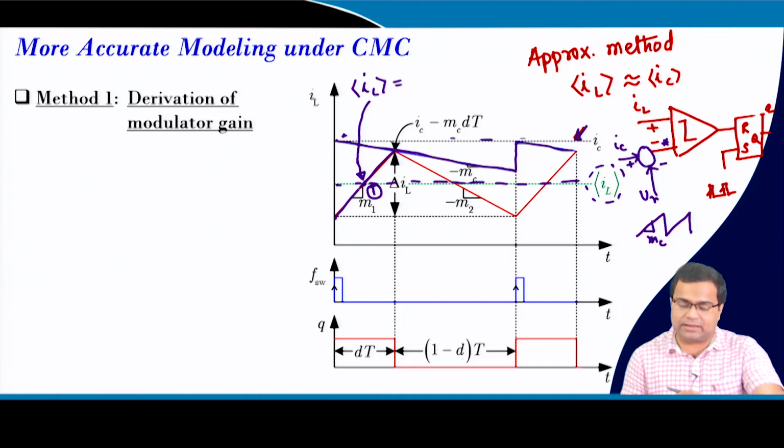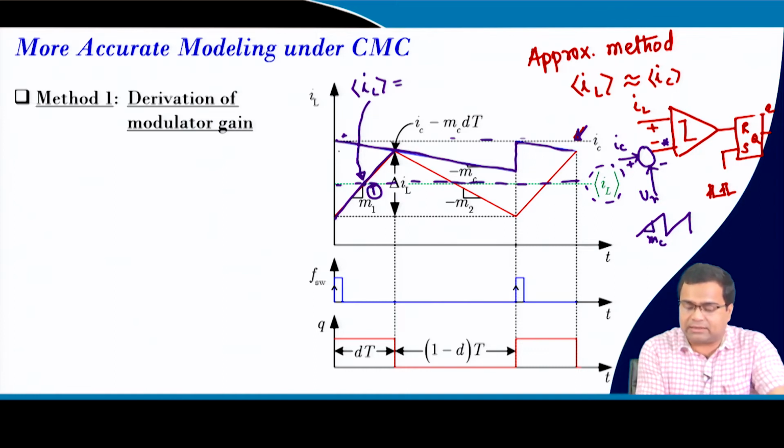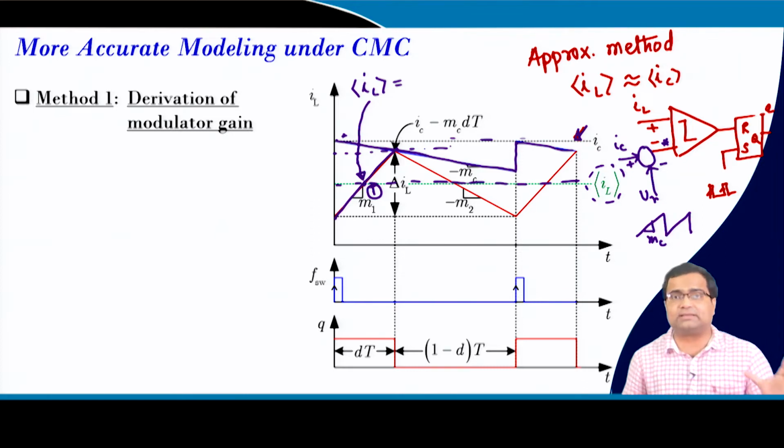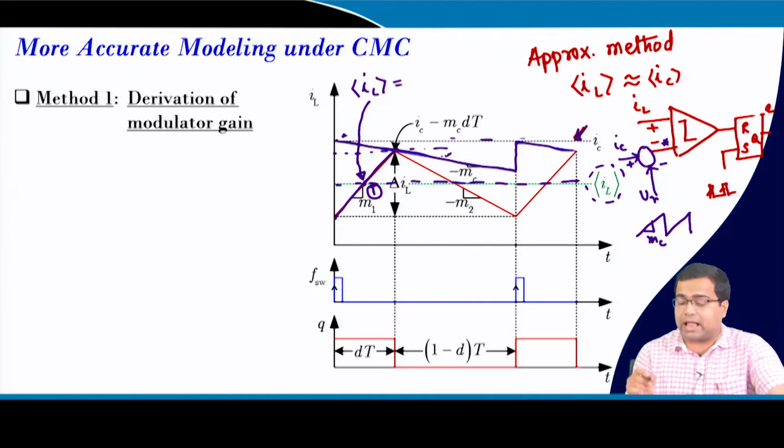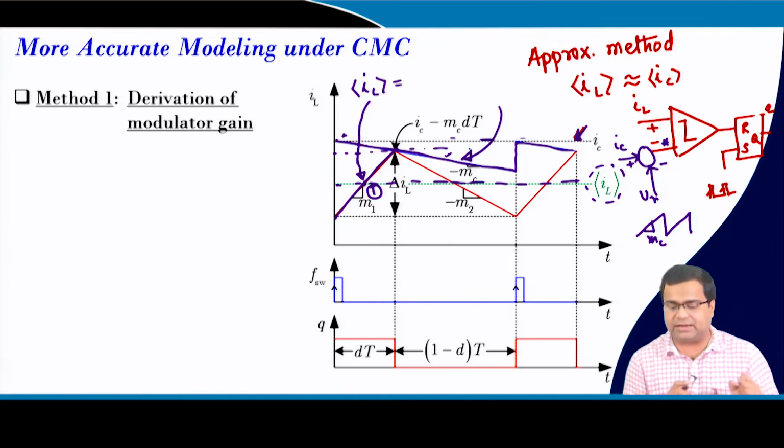What is this point? The peak value is not in our hands, but we want to find the average current in terms of the reference current, which is the actual control current minus the ramp. This is my actual reference current, which is compared with the inductor current.